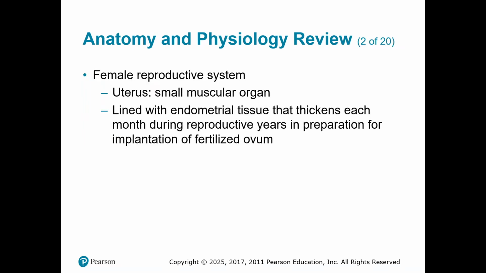So the uterus is a small muscular organ. It is lined with the endometrial tissue that thickens each month during the reproductive years in preparation for the implantation of the fertilized ovum.